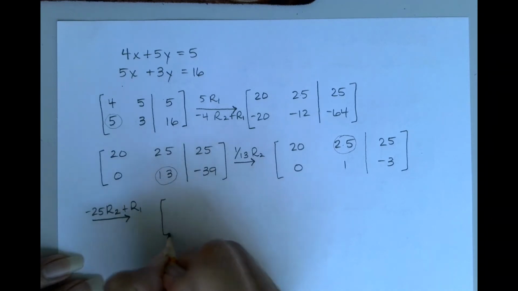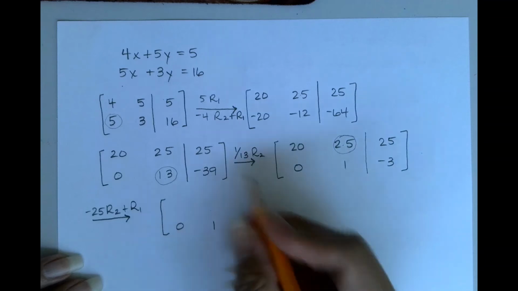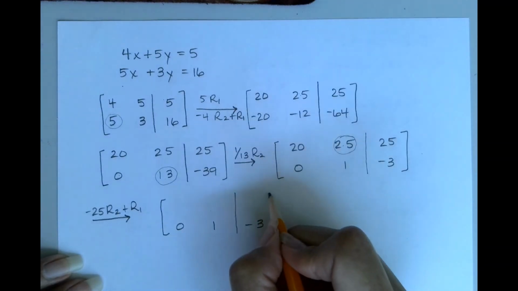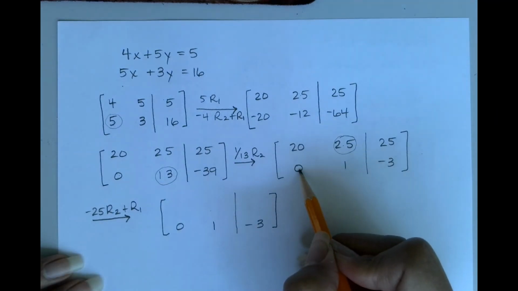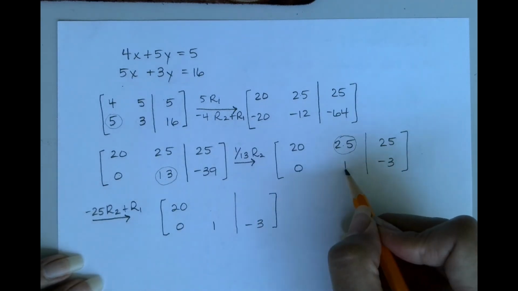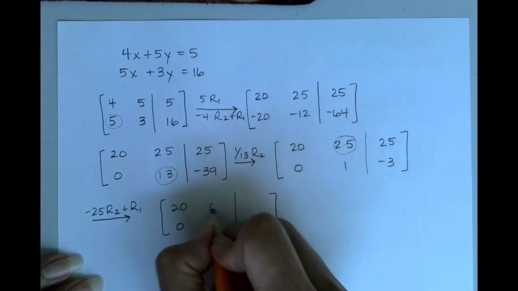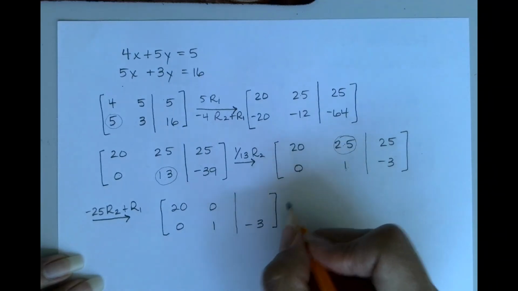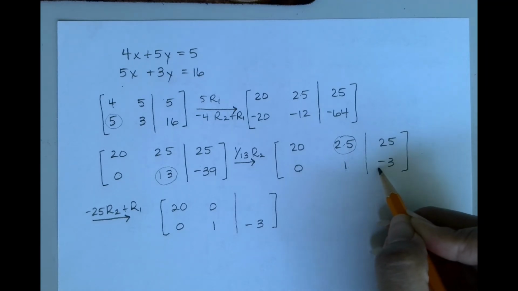Okay, so I'm going to put here this one right here because I'm not changing anything on this one. So -25 times 0 plus 20 will still remain as 20. -25 times row 2, the 1 is -25. At -25 plus 25 will become a 0. And then -25 times -3 is going to be positive 75.